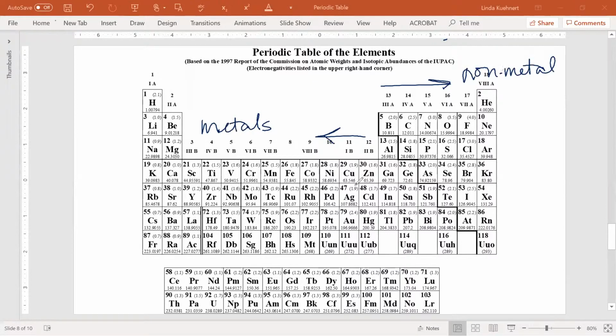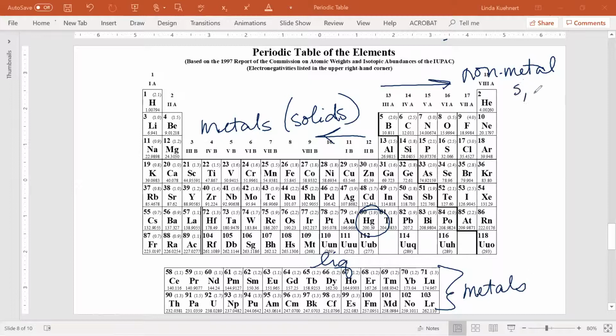All our metals at room temperature and pressure are solids, except for one, which is mercury, and mercury is a liquid. The inner transition elements are also metals. Nonmetals, on the other hand, can be solid, liquid, or gases.